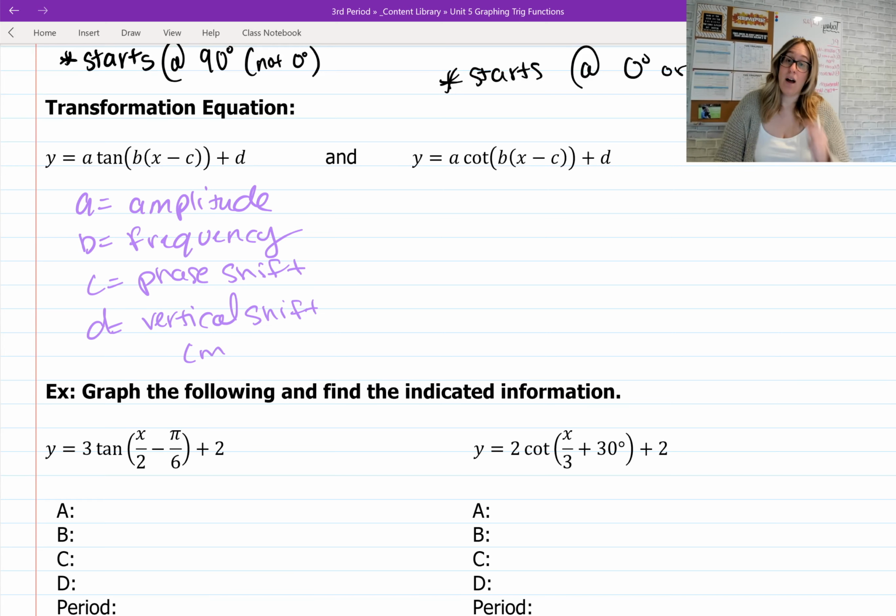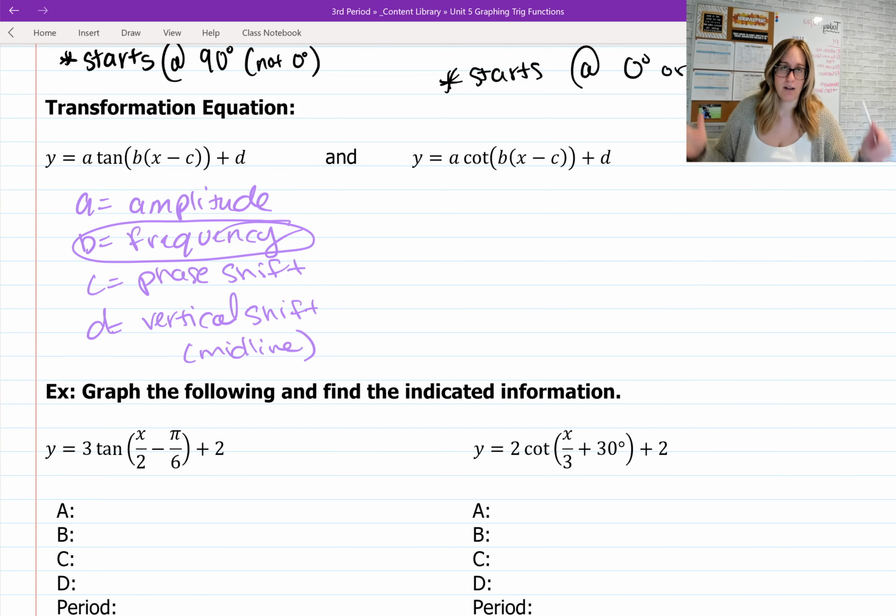For tangent and cotangent, these letters stay exactly the same. They mean the same thing for all trig functions. But for tangent and cotangent, we have to talk a little about the B value, which is our frequency. Frequency is how many rotations we get every period. For sine and cosine, it would be how many we do every 2 pi.